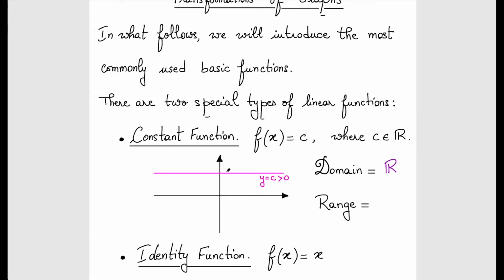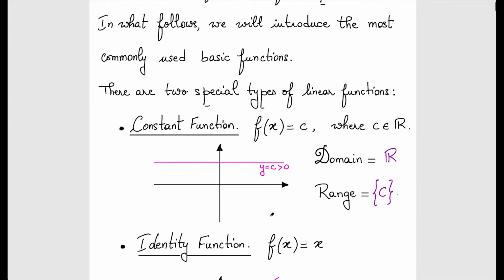All these points drop onto the y-axis in a perpendicular fashion, all the way to just point c here. So the range is just the set consisting of that number c. So this is one of the linear functions that we are interested in, the constant functions, whose graphs are just horizontal.